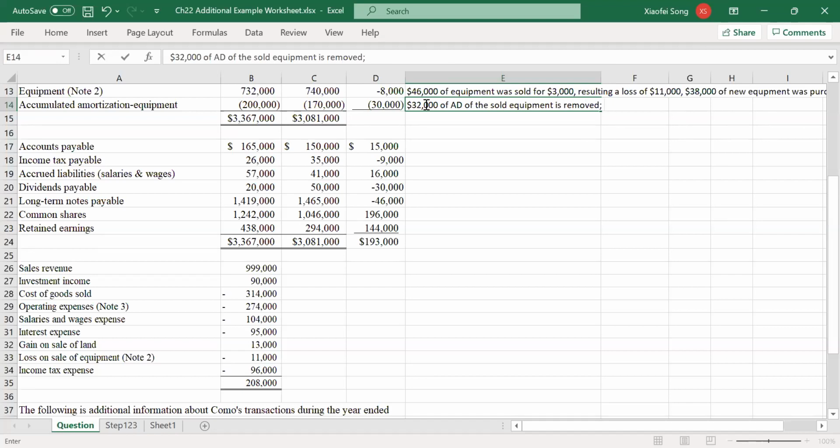Just look at the number, the increase. So we removed 32,000. We must have depreciated 62,000 to end up with a net increase of 30,000, right? So depreciation expense of the year is 62,000.